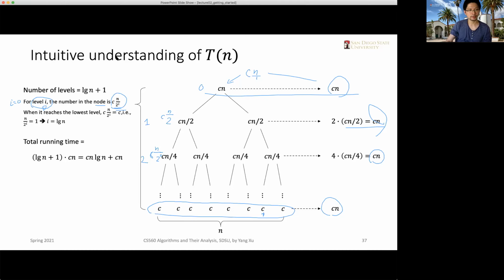And another piece of knowledge is that when the tree hits the bottom level, this number will hit C, right? So we can let C times n divided by 2 to the power i equal C, and we can eliminate C, and that will give us a solution for i, which is the logarithm of n.